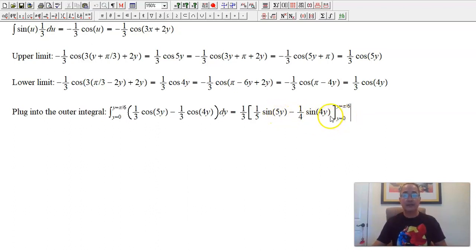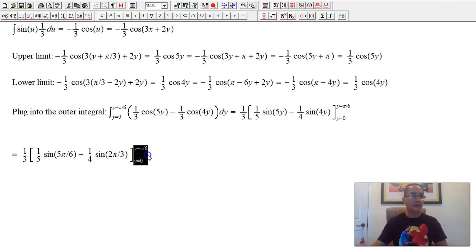Thank goodness, sine of 0 is 0. So all we have to worry about is the upper limit, pi over 6. So we got sine of 5 pi over 6. And 4 pi over 6 simplifies to 2 pi over 3. I do believe. Okay, excellent.